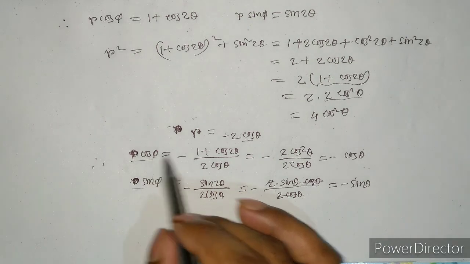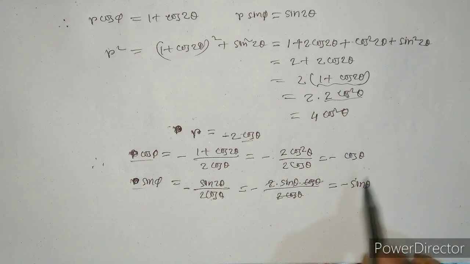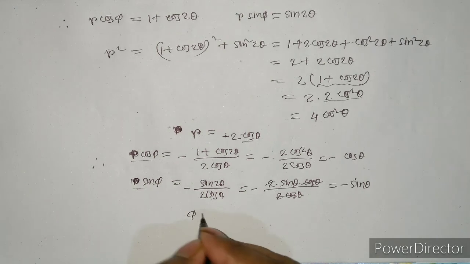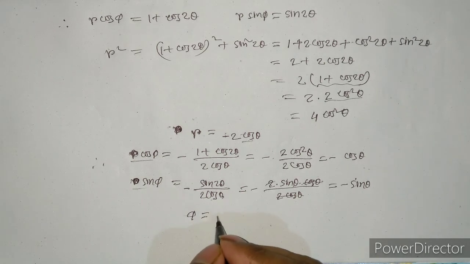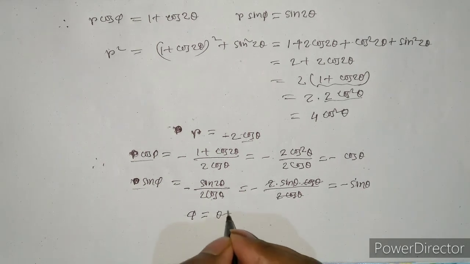So phi is in the third quadrant, so definitely phi equals theta plus pi.